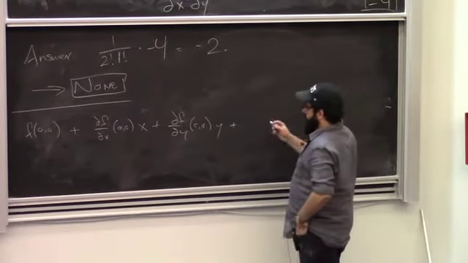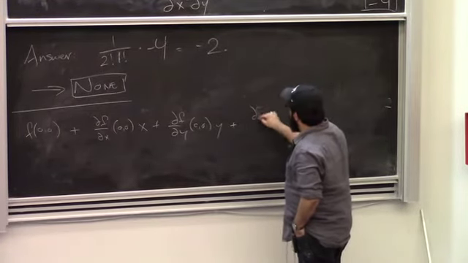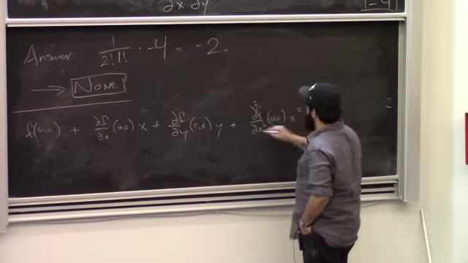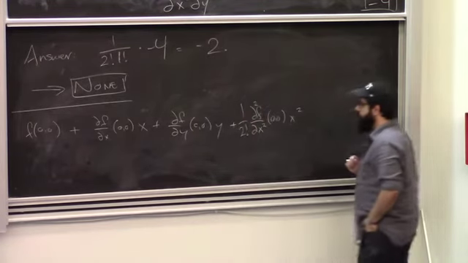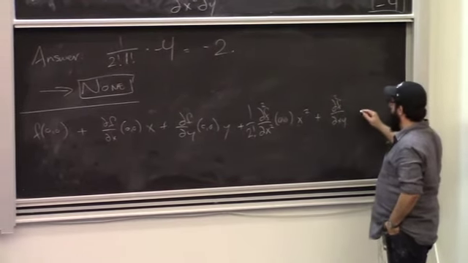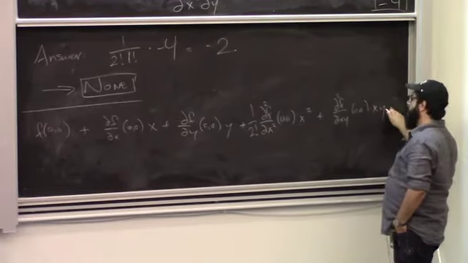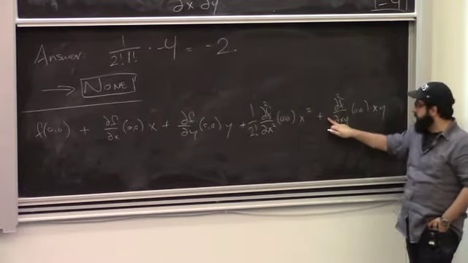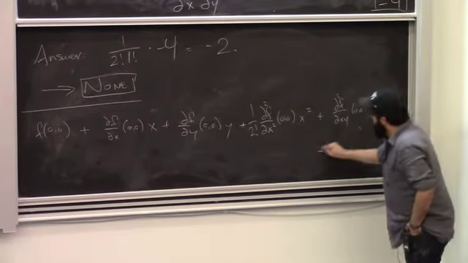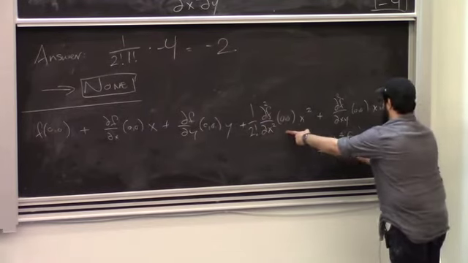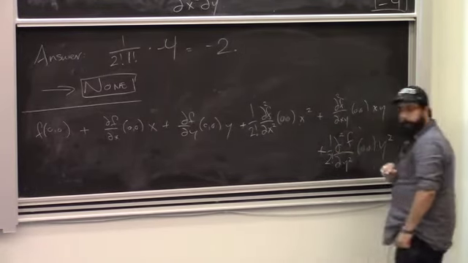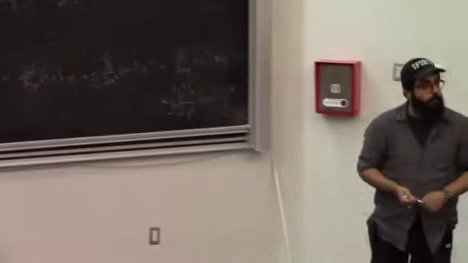So it'll be the derivative with respect to x twice at 0 times x squared divided by 2, plus the derivative with respect to both x and y at 0 times xy, not divided by 2, because the multi-index here is 1, 1, plus the term that matches this: the derivative with respect to y twice evaluated at 0, 0 times y squared divided by 2. So this is the general form of the answer.